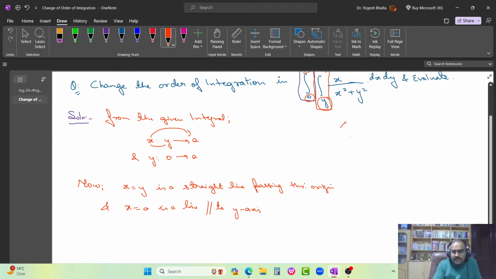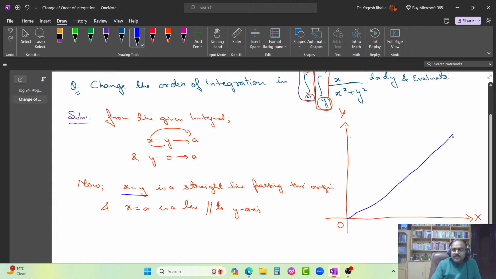So I'll plot this diagram. This is my x axis, this is my y axis, this is my origin. So x equal to y is a straight line passing through the origin.